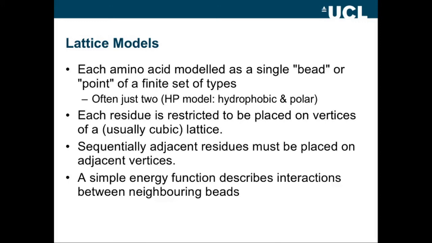The HP model is hydrophobics and polar. Each residue then is restricted to be placed on the vertices of a lattice, and usually that's a simple cubic lattice. Now, sequentially adjacent residues must be placed on adjacent vertices, and then a very simple energy function in this case can be used to describe the interactions between neighbouring beads.